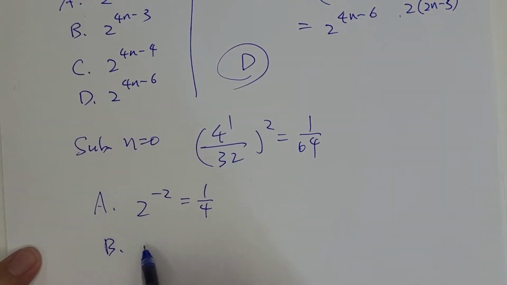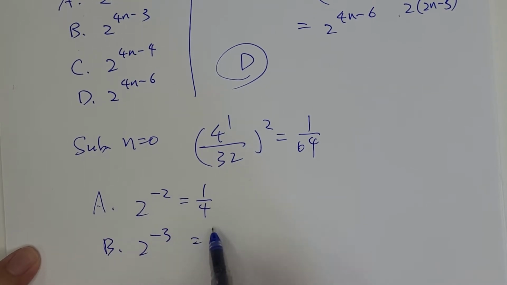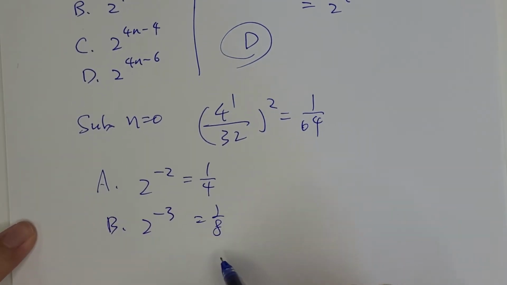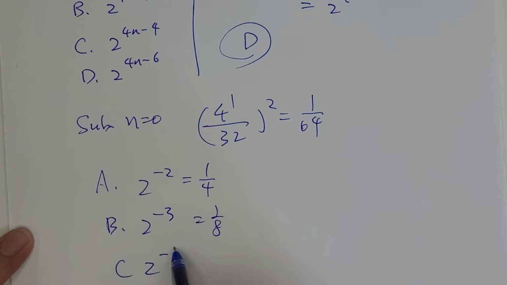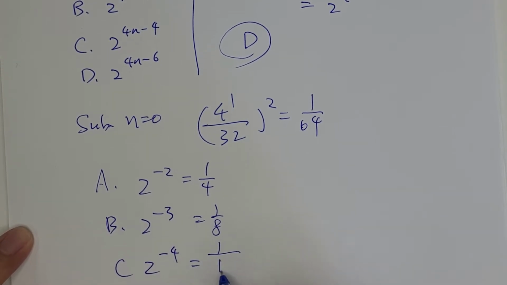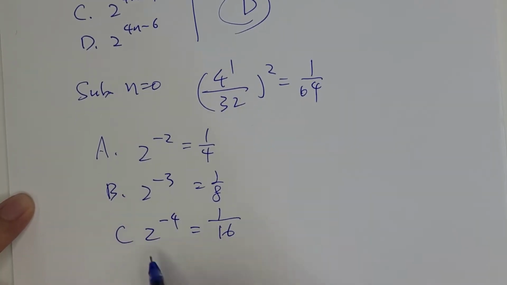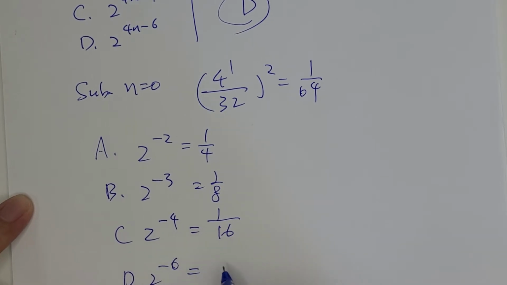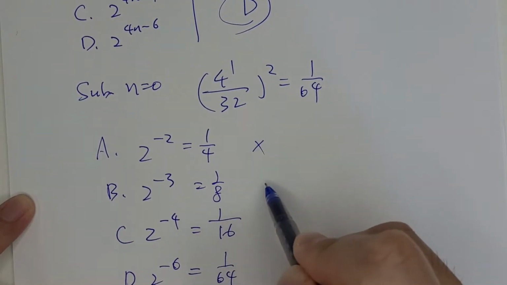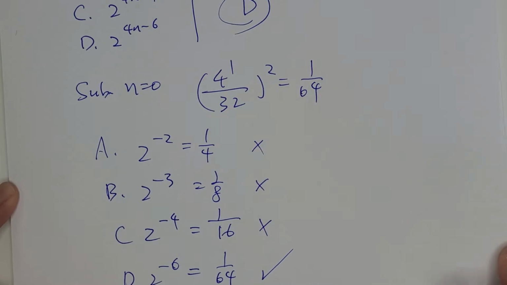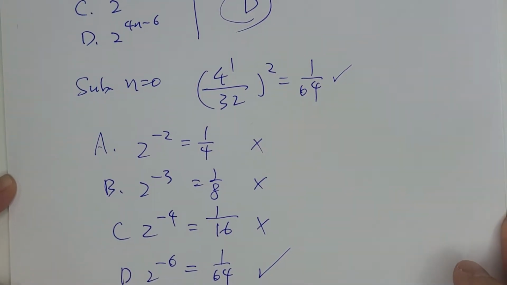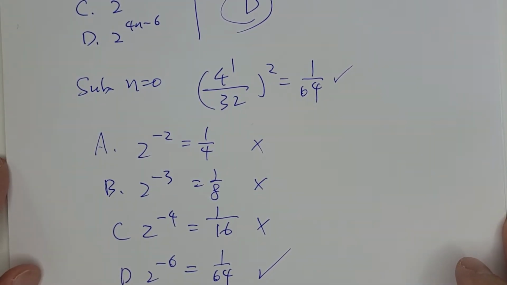And B, 2 to the power negative 3, that is 1 over 8. And C, 2 to the power negative 4, that is 1 over 16. And finally, D, that is 2 to the power negative 6, that is 1 over 64. So only D is the correct answer, okay? So that's the method of substitution. It's quite common in the MC technique.